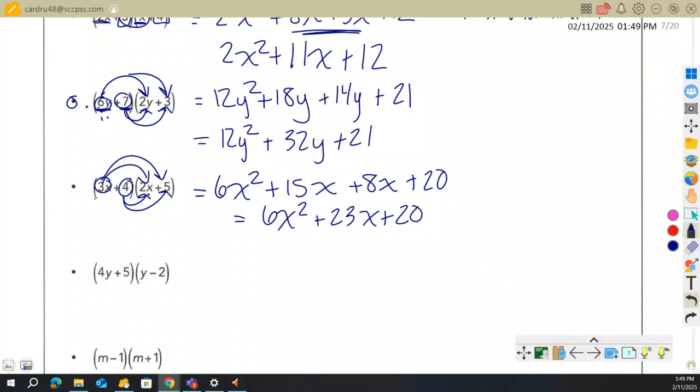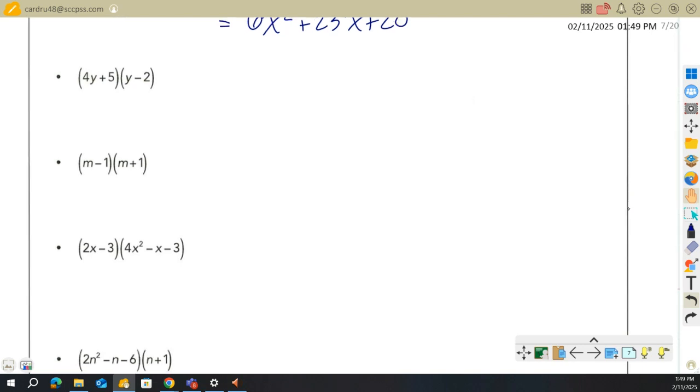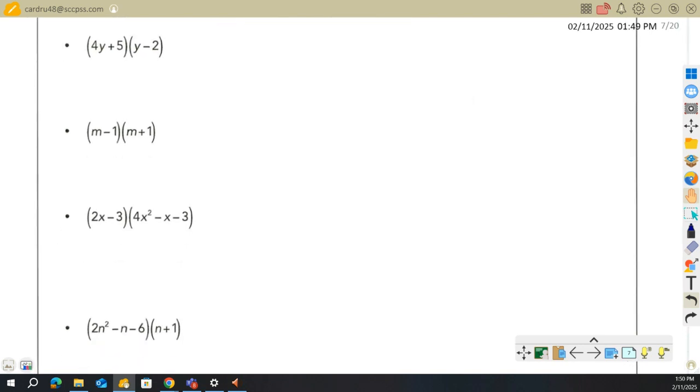All right, let's go ahead and look at this example right here, this 2x minus 3 times 4x squared minus x minus 3. So the concept of FOIL kind of falls apart when we get to multiplying this. This is a binomial times a trinomial, right?